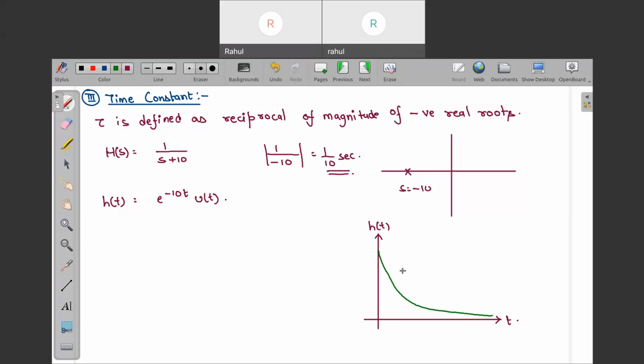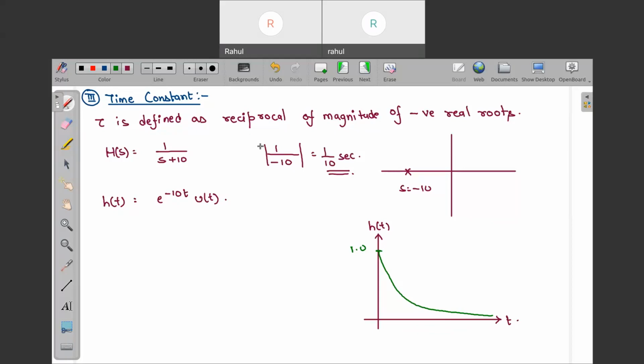Its initial value is equal to 1. Now basically time constant is that value of time where your signal has decayed by 36.8% of your initial value.